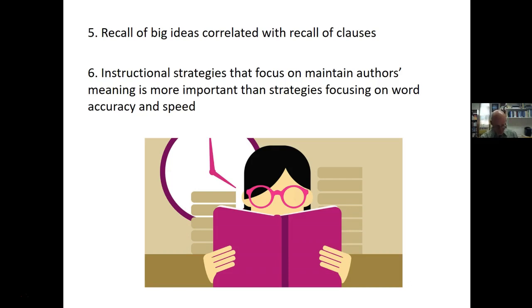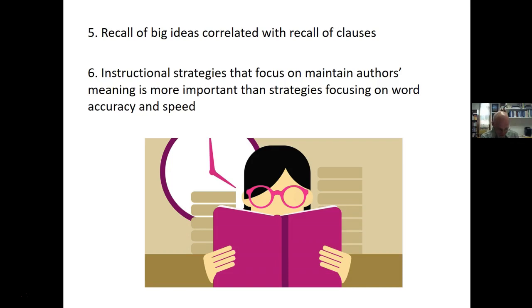So recall of the big ideas is correlated with recall of clauses as well. This is a second thing that he found. If students recalled or identified the big ideas in the text, they were more apt to recall the clauses. And again, this points to the importance of identifying structure and big ideas when reading expository text.